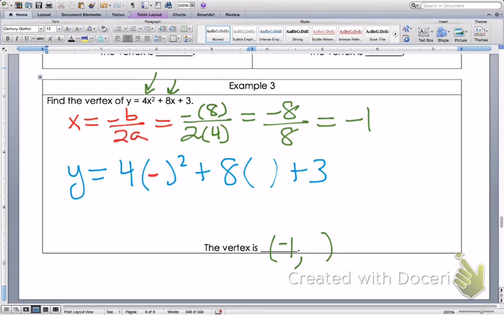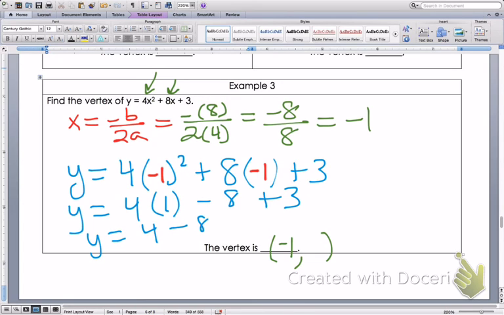I'm going to substitute a negative 1. And I get 4 times 1, because the negative squared is always positive. This is going to be negative 8 plus 3. Simplify some more. We have 4 minus 8 plus 3. Remember the check: one's positive, one's negative, and the second one is double the first one, which works out here. y equals negative 4 plus 3. And I end up with negative 1. So my y value for the vertex is negative 1.